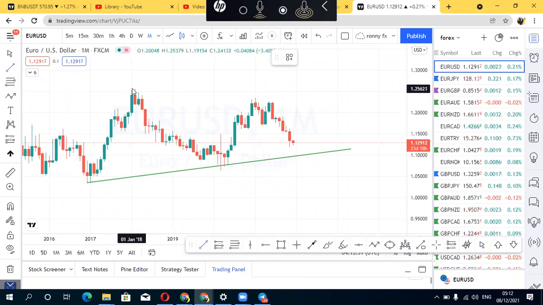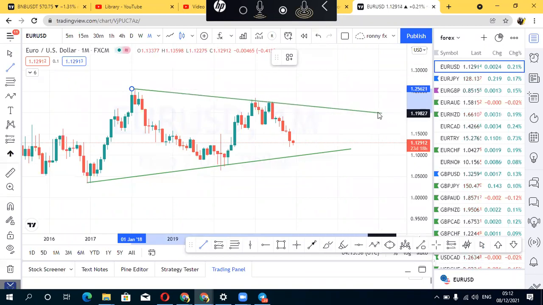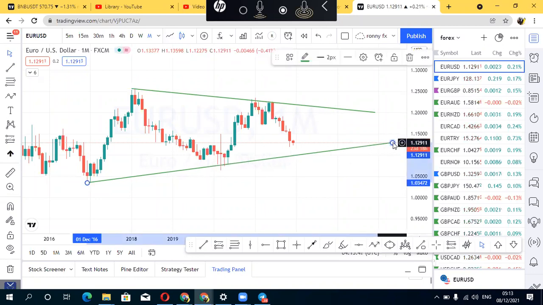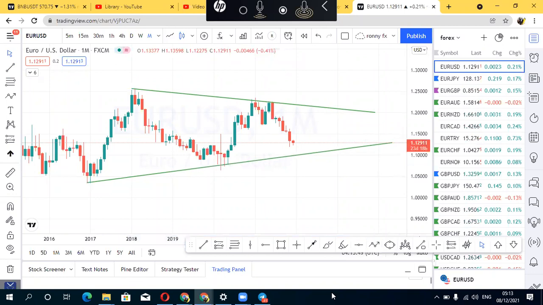Again, up here, I can also put a line and draw a trend line from this perspective. And you can now see that this likely forms what we call a triangle. A triangle is one of the trading patterns that you are going to see.